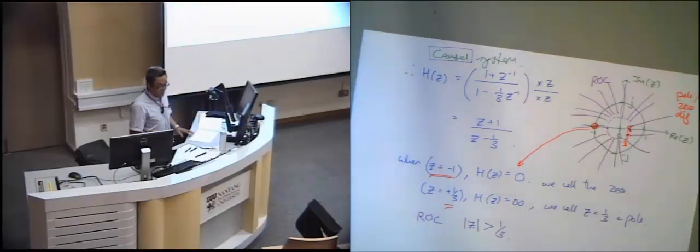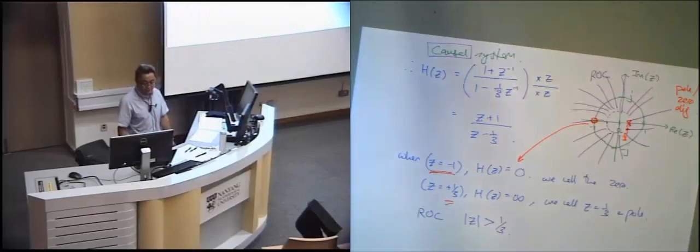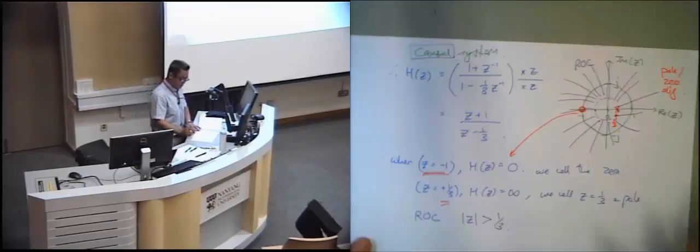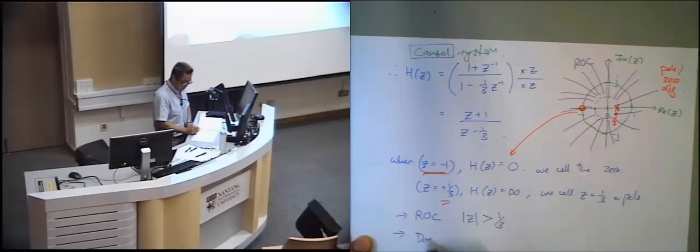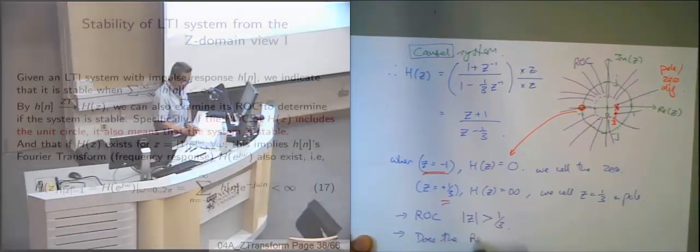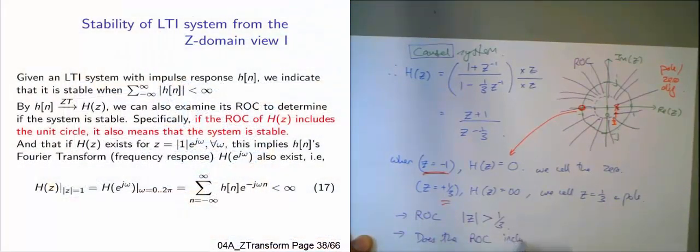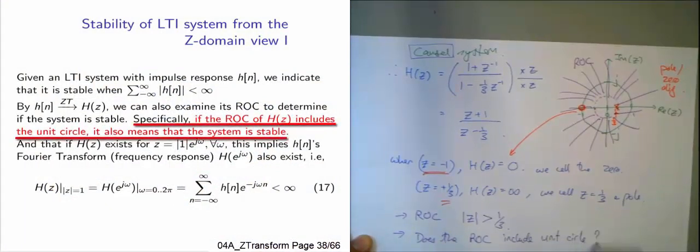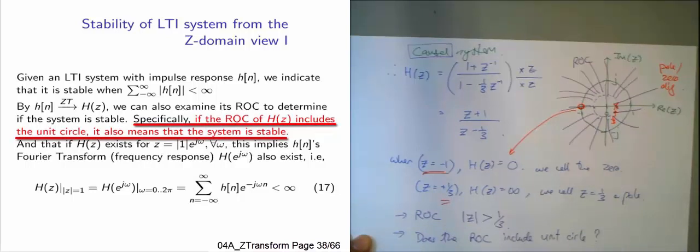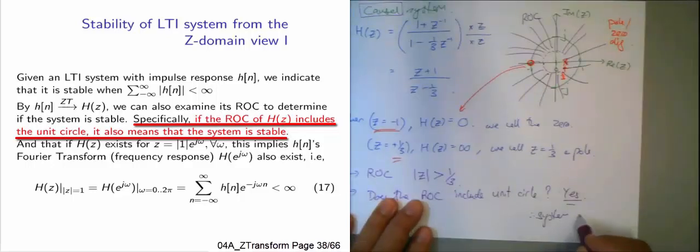Anyway, I'll come and revisit the problem, you will see. Finally, does the ROC include the unit circle? And the answer in this picture is yes. And when it is yes, therefore, the system is what?